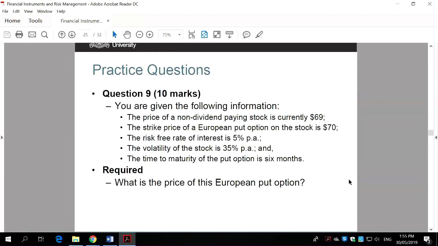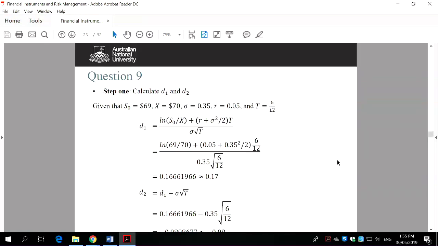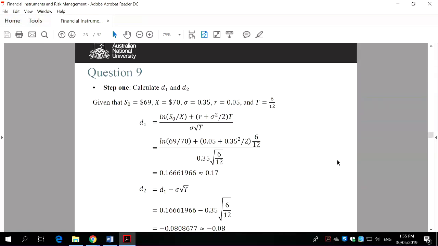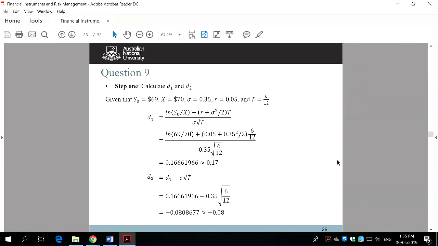So this is the straight up application of your Black-Scholes formula, right? First of all, this is a European option. We can use Black-Scholes, and we're given the volatility, we're given the time to maturity. So the first step is always do your preliminary calculation. Calculate your D1 and D2 first. All right, so we're given the spot price, we're given the strike price 70, and the risk-free rate is 5%.